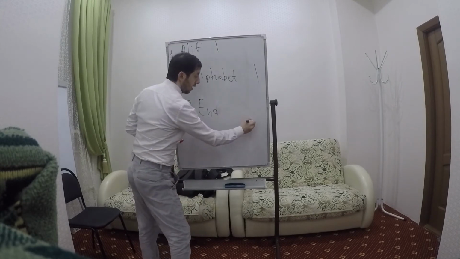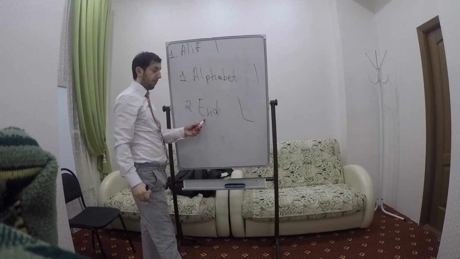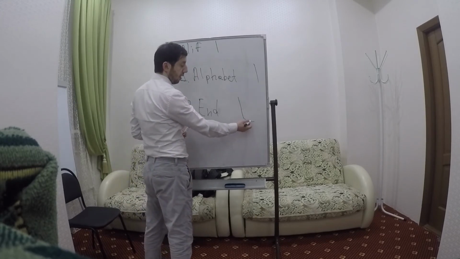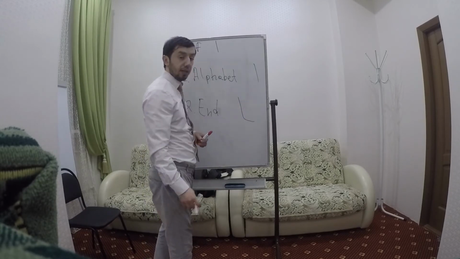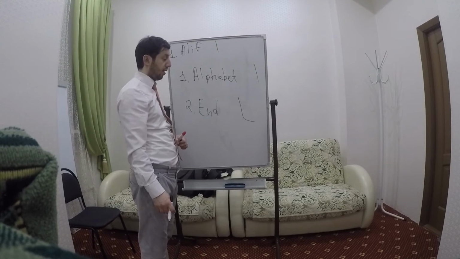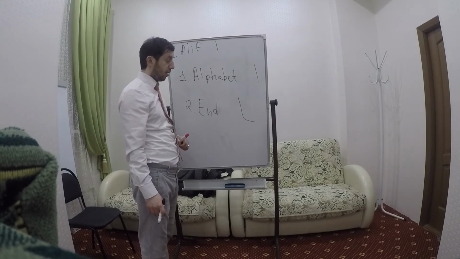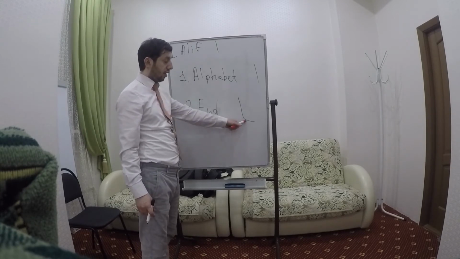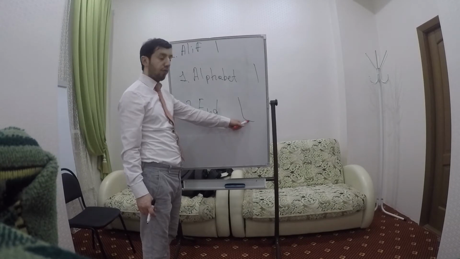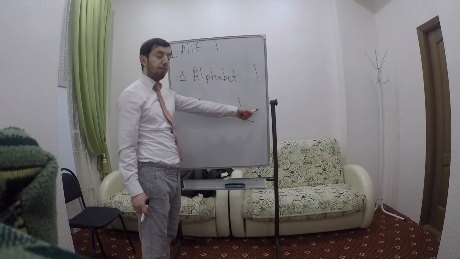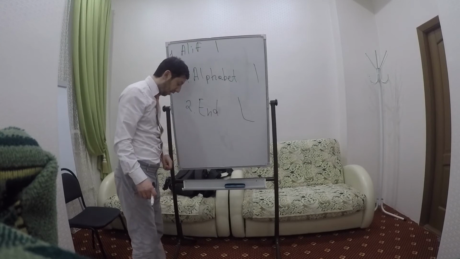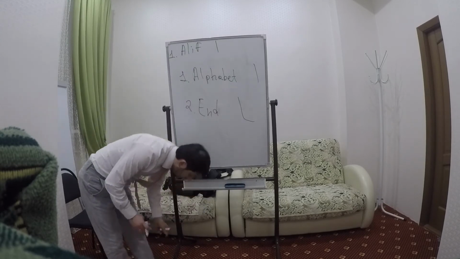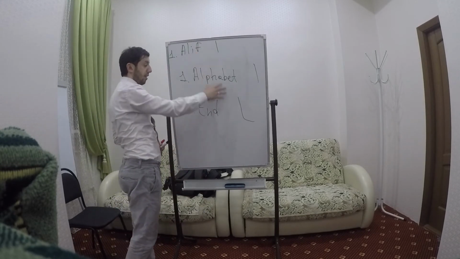In the end of the word, it will be like this. Maybe we can say it's like a tail of this letter, but to be honest, it is half of the letter which is before alif. Here it can be b, here it can be t, and other letters. So this one is alif.